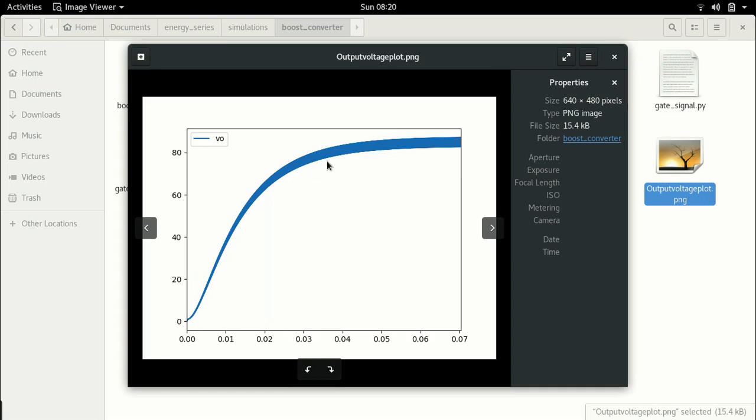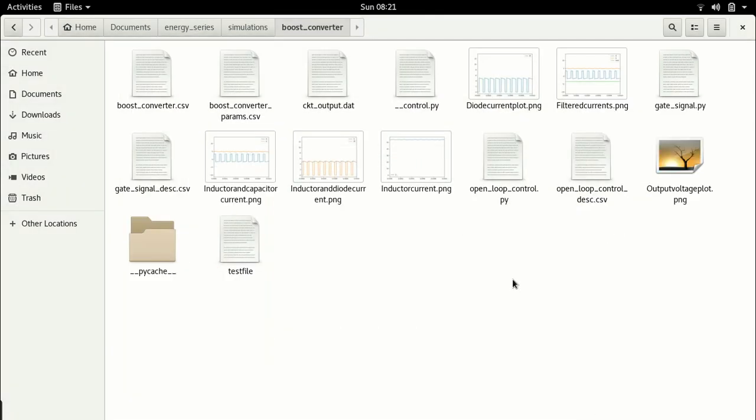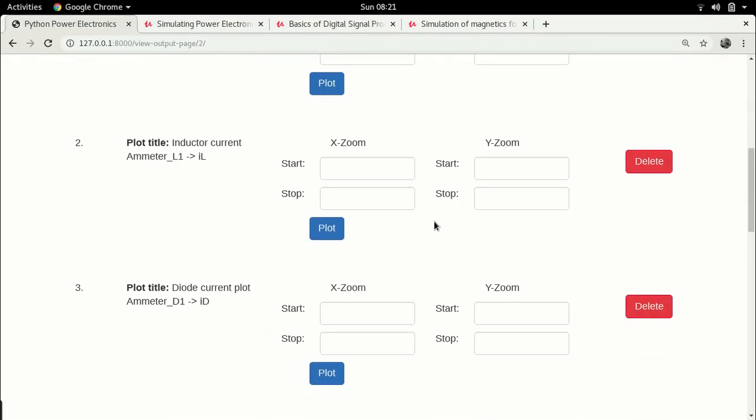The first thing is we expect a step-up ratio of 10, which means we expect this to be around 120 volts. So we are nowhere near that. That is the first part. Now, let's have a look at some other variables which will tell you what the problem is. Let's look at the inductor current.